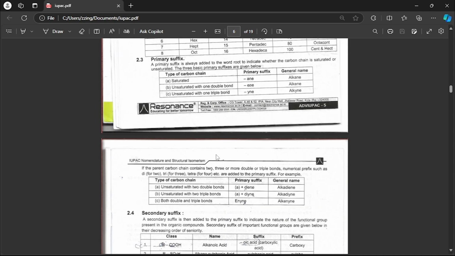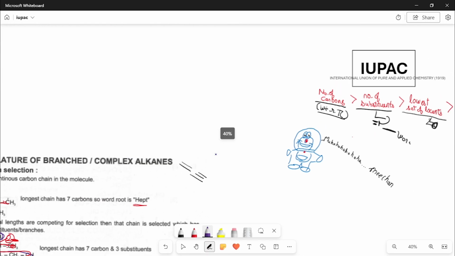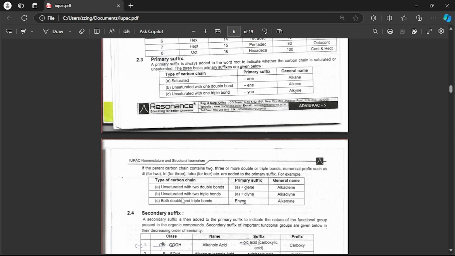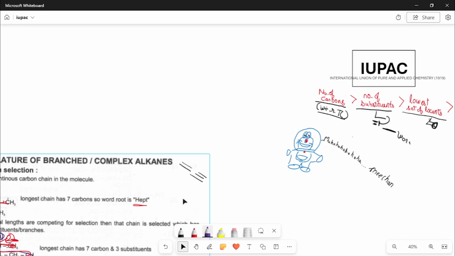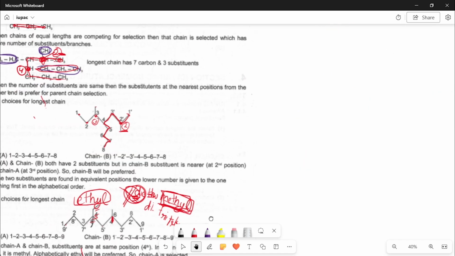Here, unsaturated with two double bonds would be A plus diene, and both double and triple bonds is ene-yne. See, that's what I missed. My bad. Sorry, guys.